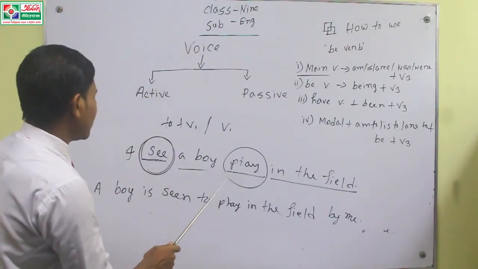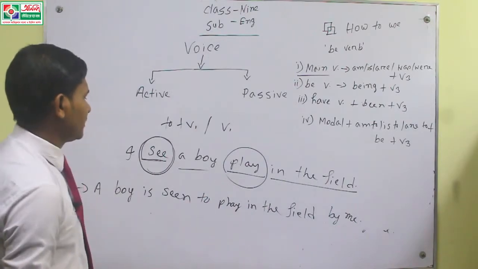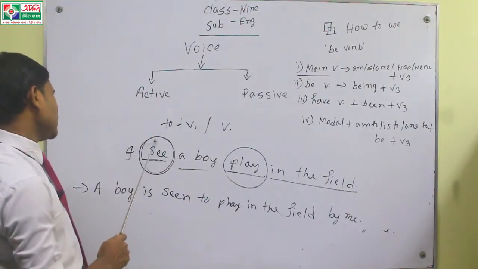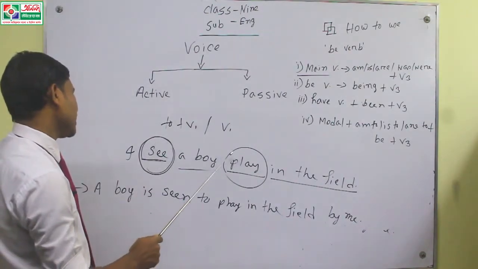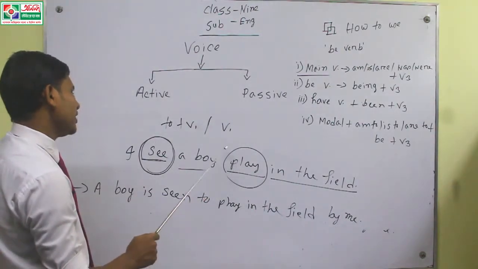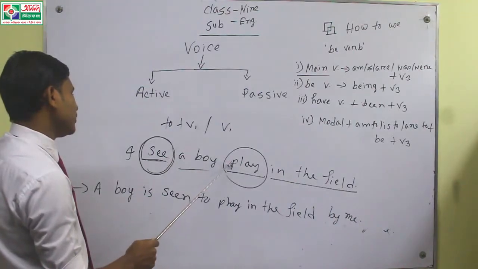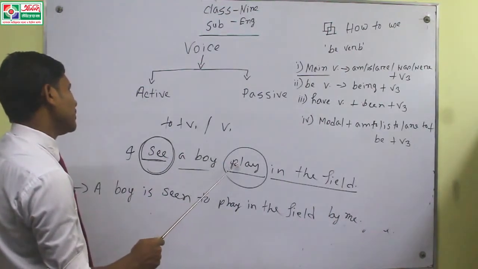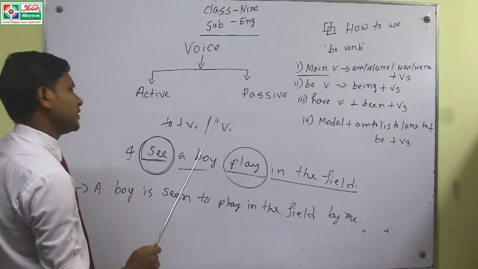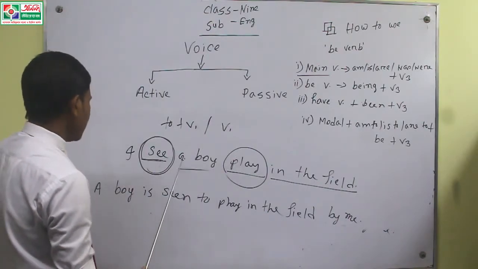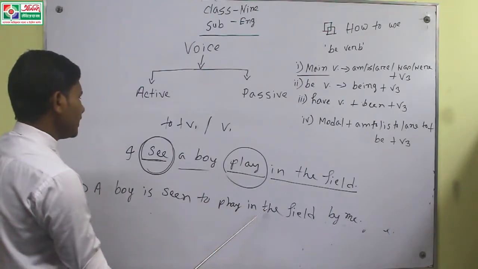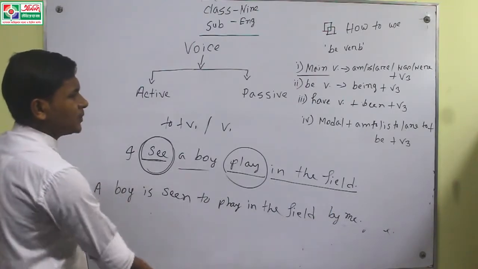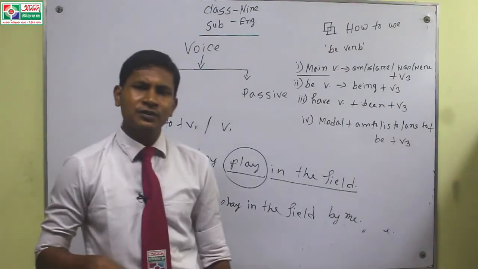I see a boy play in the field: there are two verbs, verb 1 see and verb 2 play. When we change it, we use to before the verb play. So: a boy is seen to play in the field by me. Do you understand?